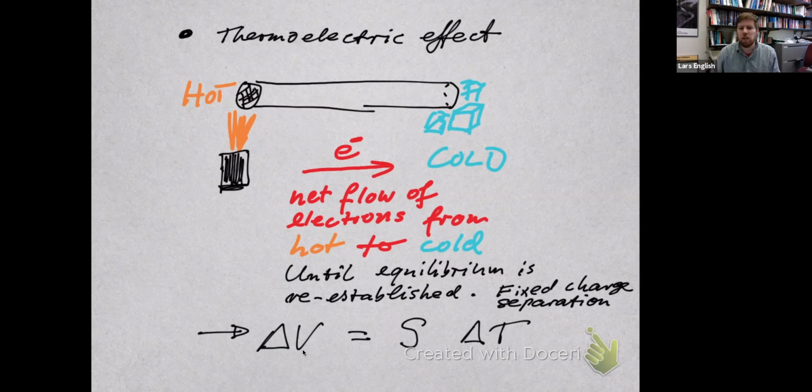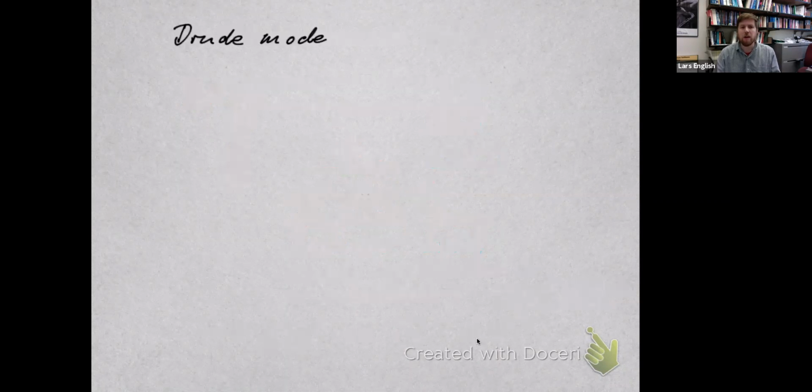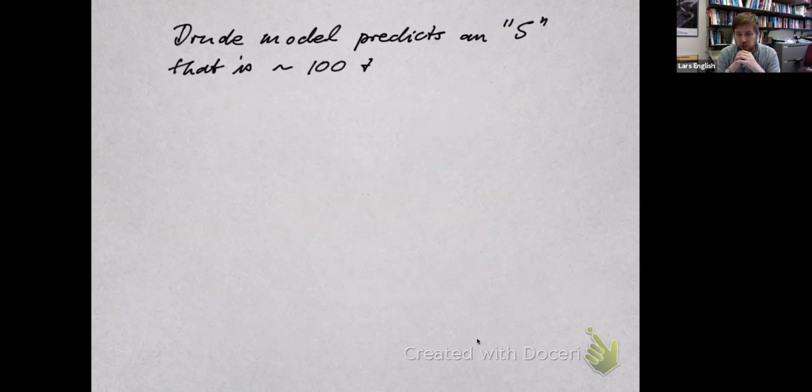You'll not be surprised that the voltage I measure would be proportional to the temperature difference. After all, the temperature difference, delta T, is the cause for that voltage. The thing, though, is that the Drude model predicts an S. That's the constant of proportionality, sometimes called the Seebeck constant, or the thermoelectric power.